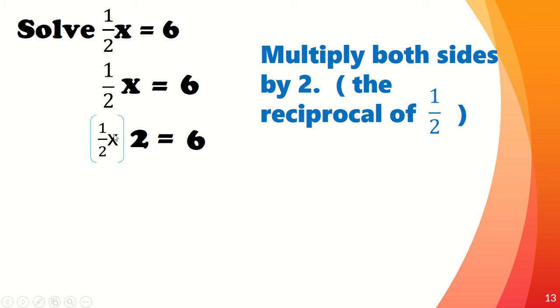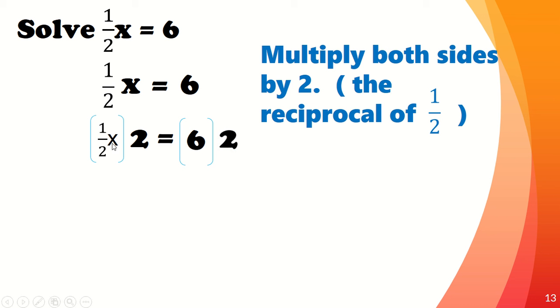We cannot use the symbol times kasi para din siyang yung letter x. So, para mawala. So, sa mathematics, you can use the bracket or this one to mean multiplication. So, ito, you will also multiply it by 2.